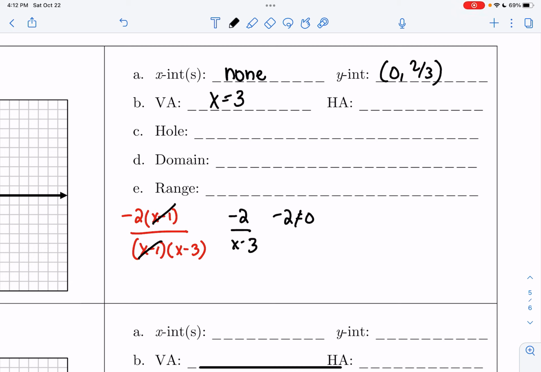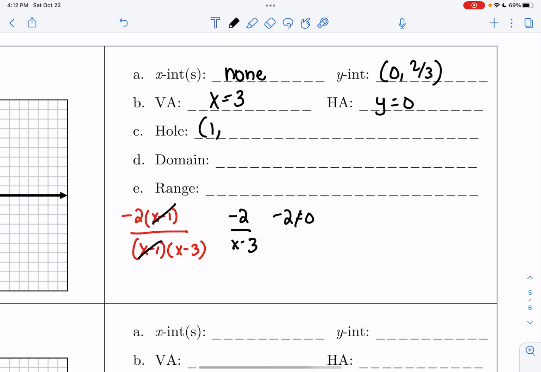My horizontal asymptote is going to be at 0 because my exponent is bigger at the bottom. We kind of know this already because if I don't have an x-intercept, then most likely your horizontal asymptote is going to be at 0.